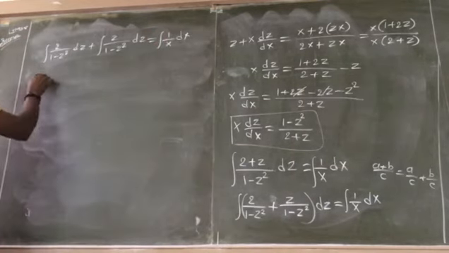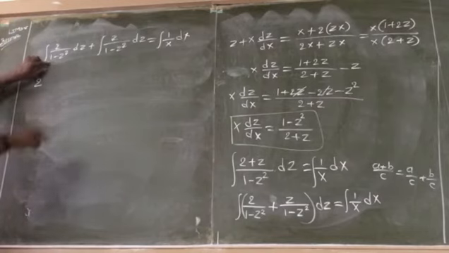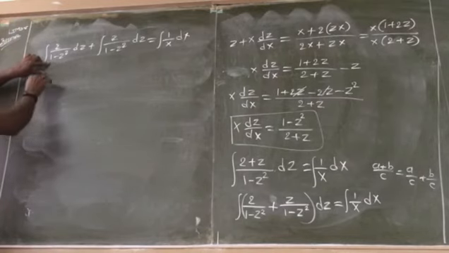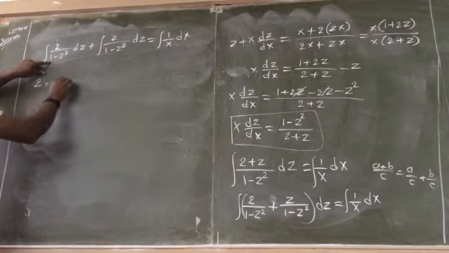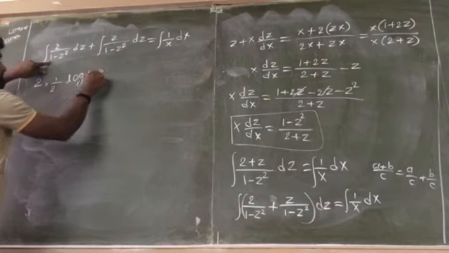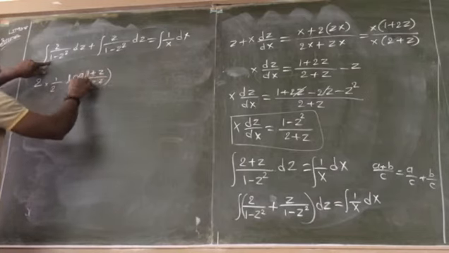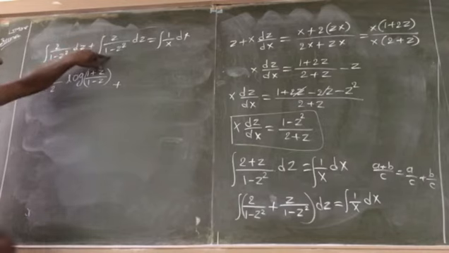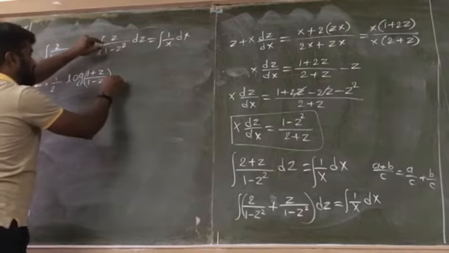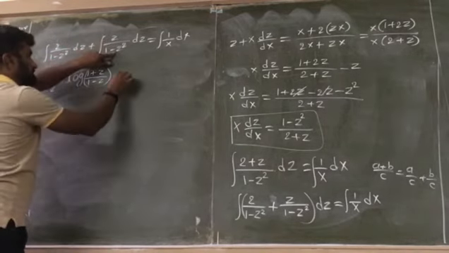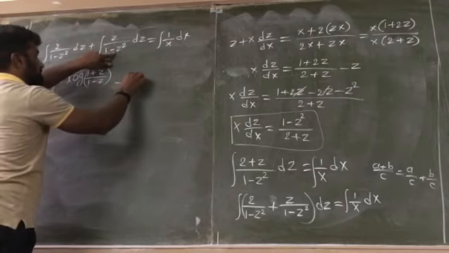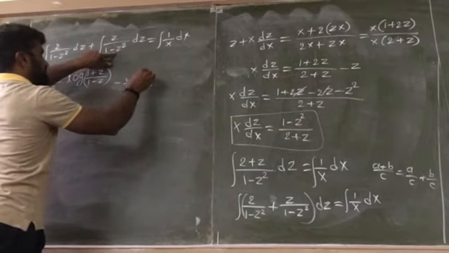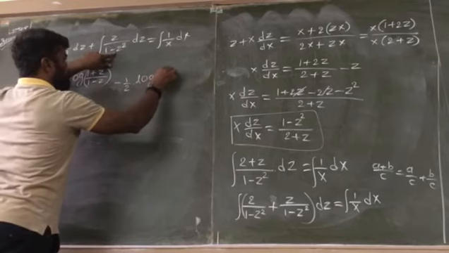So 2 is a constant, take it outside. Integration of 1 divided by a square minus x square is 1 divided by 2a into log of a plus x divided by a minus x, where a value is 1, so log of 1 plus z divided by 1 minus z. Plus, the next term is exactly in the form of f dash of x divided by f of x. Z power is 2 and its coefficient is minus, so it is minus 1 by 2 into log of 1 minus z square.